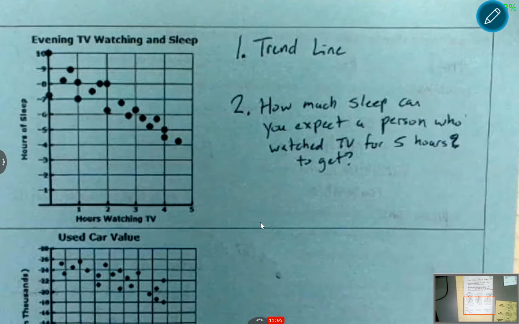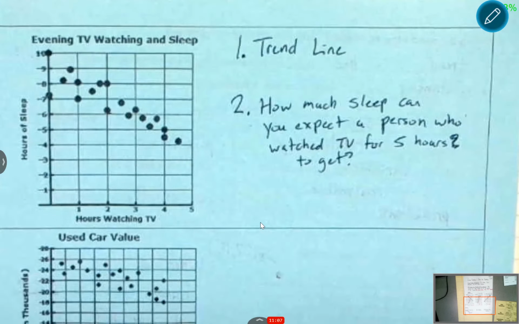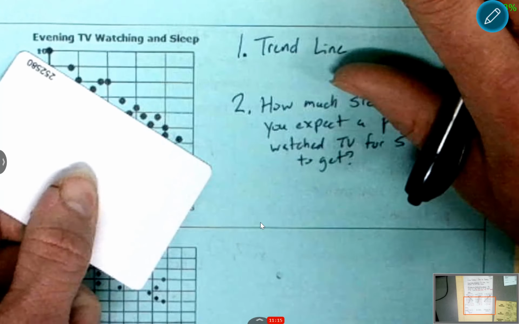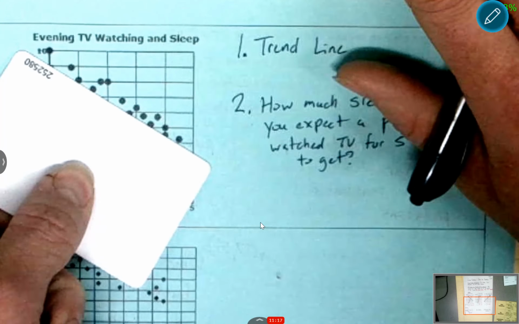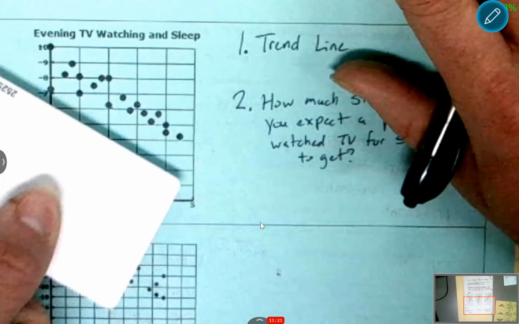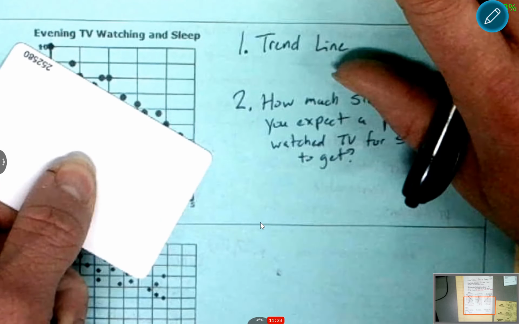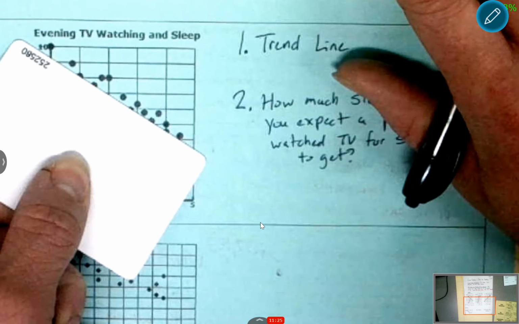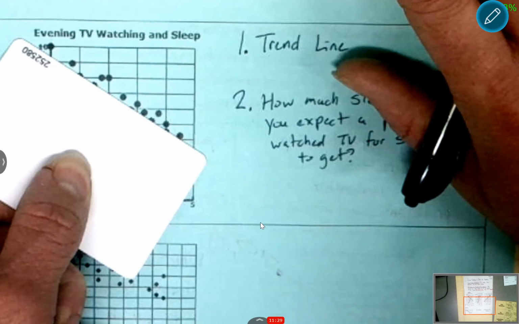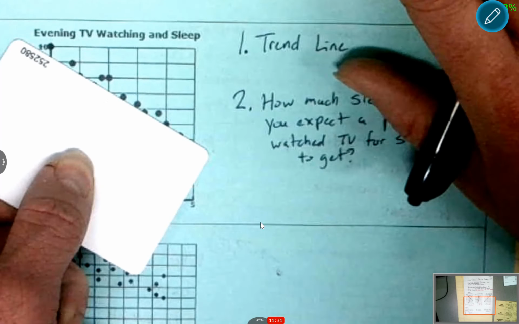So remember, we're trying to draw it in between the dots as best as possible. A small tip that might help you draw a better trend line is to take your ID, or just any straight edge, and try to see if you can find a place. This helps if it is clear, so you can see the dots are in between as best as possible.